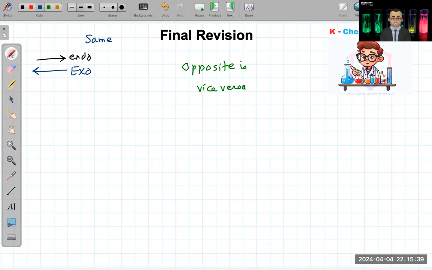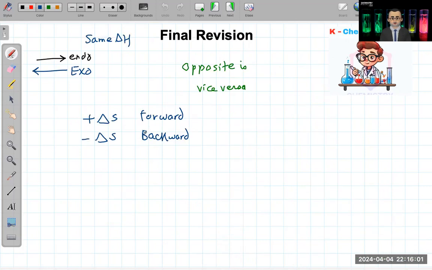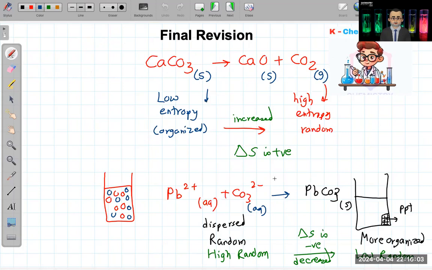If delta S is positive in the forward direction, then the backward will be a negative delta S. Because when you change from an organized structure into a disorganized or dispersed one, you have increased its entropy, so delta S is going to be positive this time. It is the reverse of the other one.